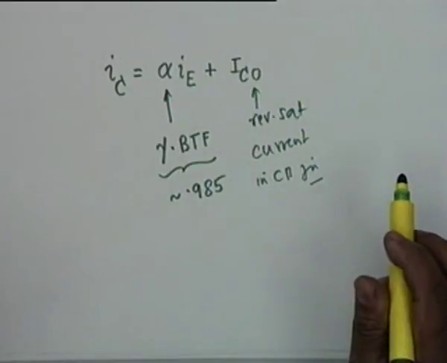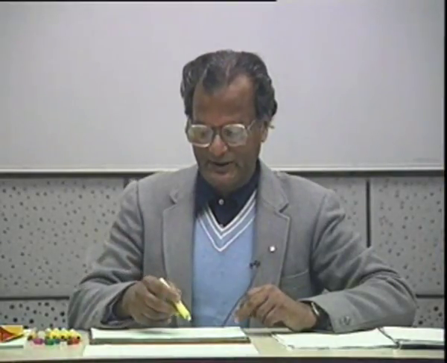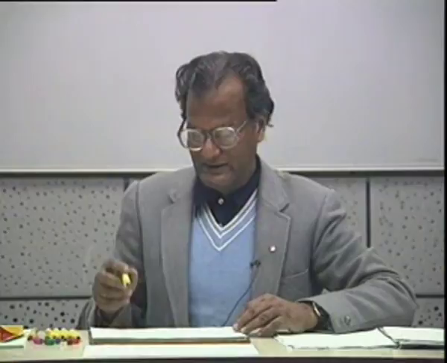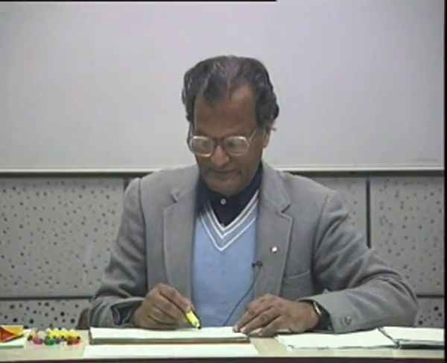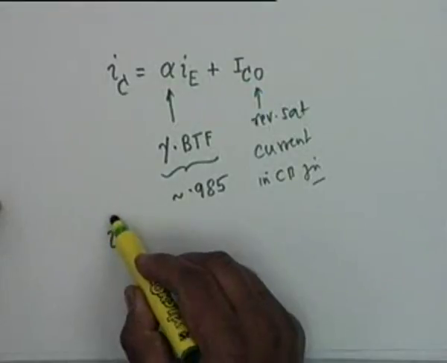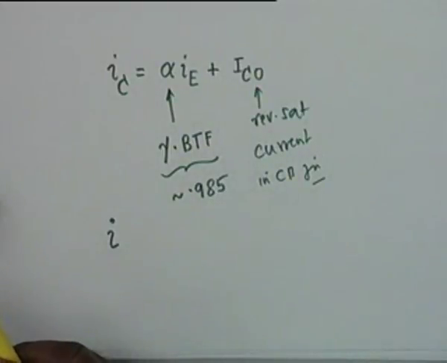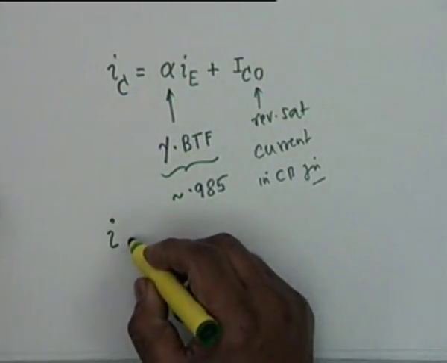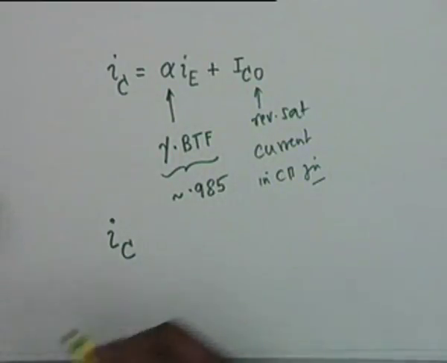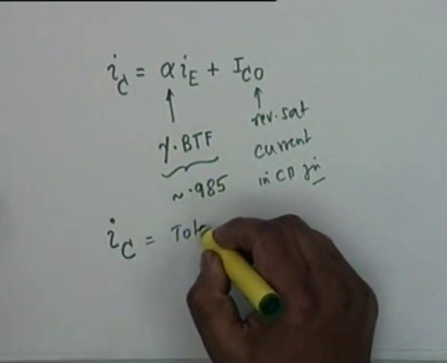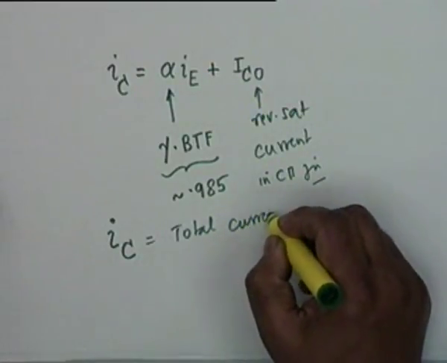As a matter of notation, let me clarify why I put these notations. What we will do is, if I use a small case letter i with a capital subscript like C, then it denotes the total current.